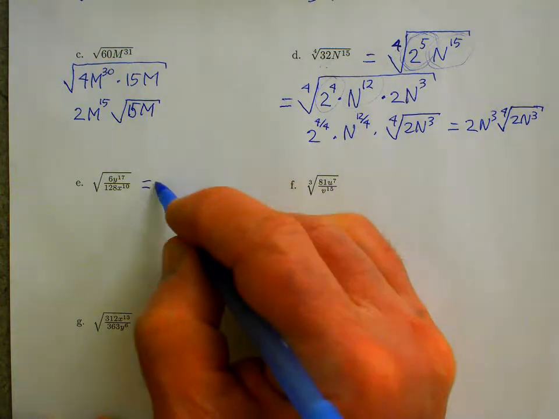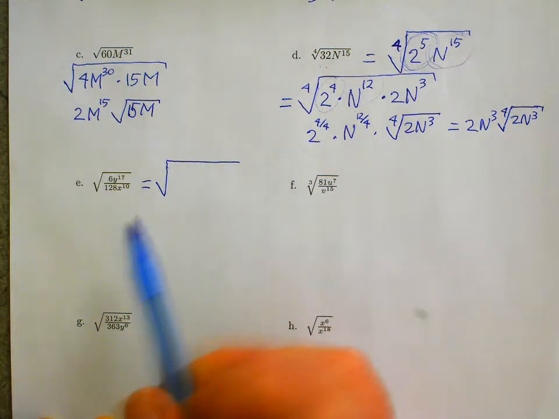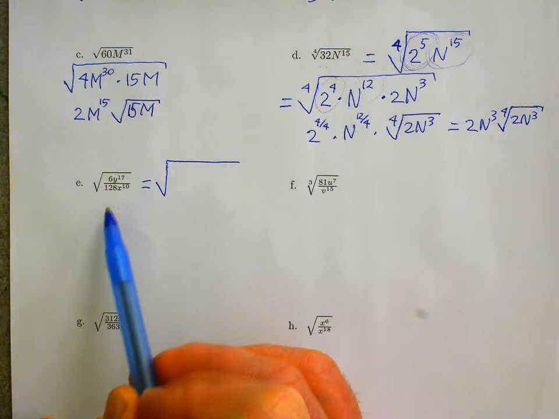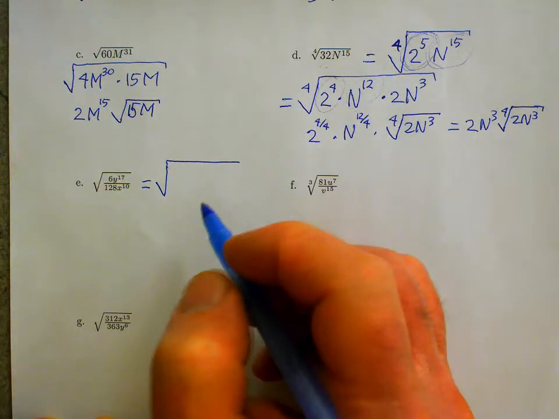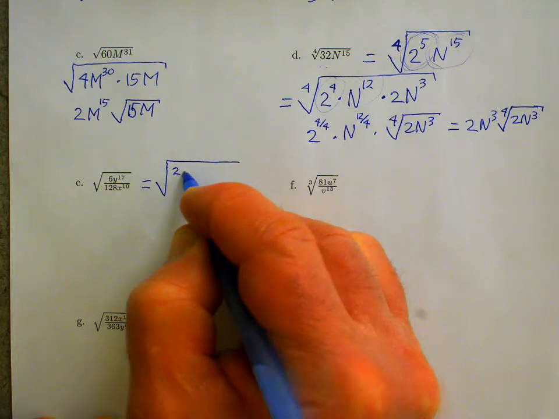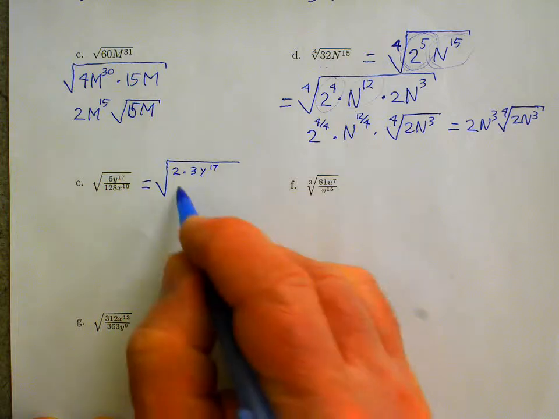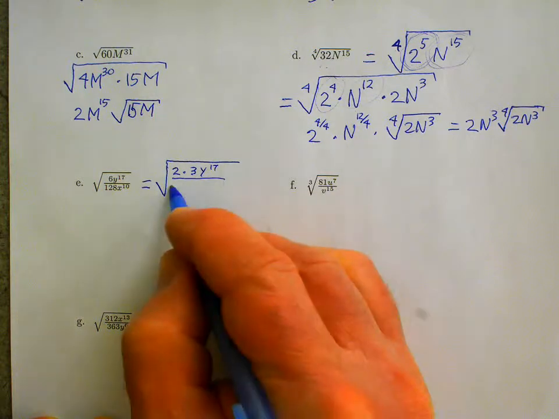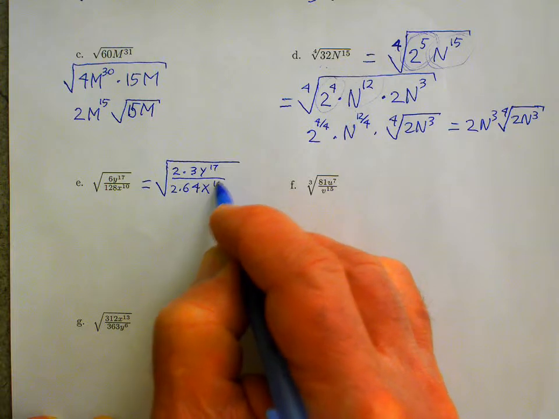So I'll put in an intermediate step. Notice that 2 is a common factor of 6 and 128. So we can rewrite this as the square root of 2 times 3y to the 17th over 2 times 64 x to the 10th.